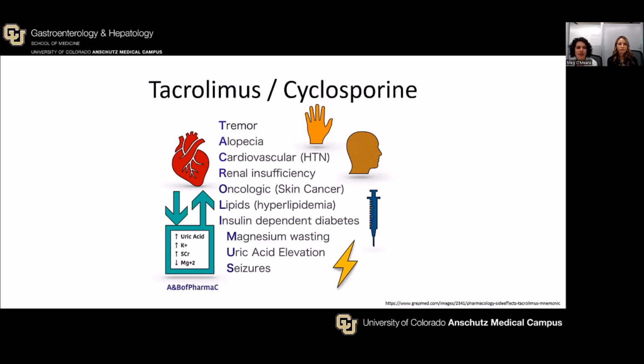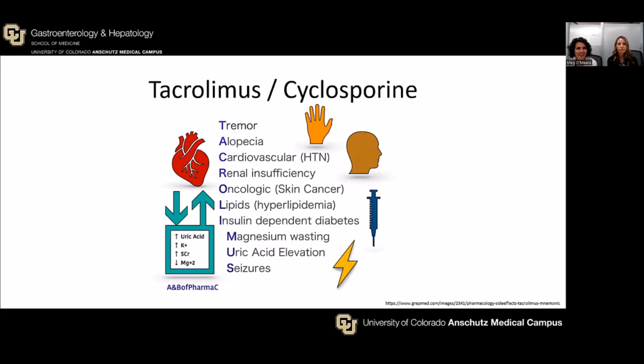L for elevation in lipids, so monitoring a cholesterol panel annually, and being aware that these medications can contribute to a patient's hyperlipidemia. I for insulin-dependent diabetes, so elevations of blood sugar, regardless of whether these patients had diabetes going into transplant. Simply by being on a CNI, they do have an increased risk of diabetes. And M for electrolyte abnormalities, so magnesium wasting and elevations in potassium can be seen in patients on calcineurin inhibitors.